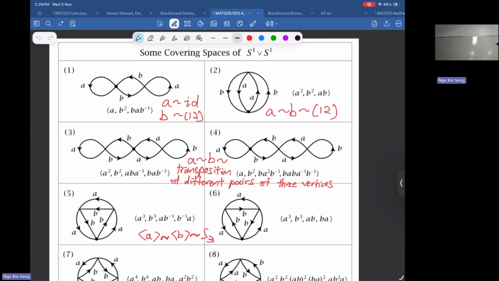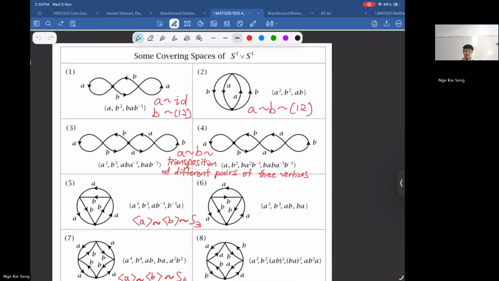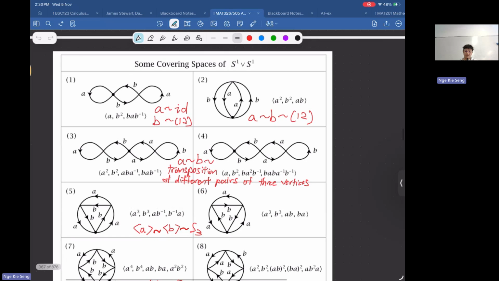Then a more interesting one maybe is 5. Look at 5 here. This is a computation of 3 points here, so it's actually S3. 哪一个圈圈？什么意思嘞？哦，no, right?